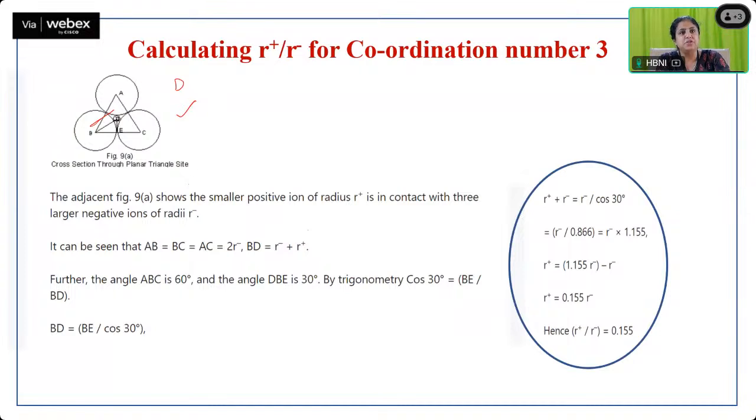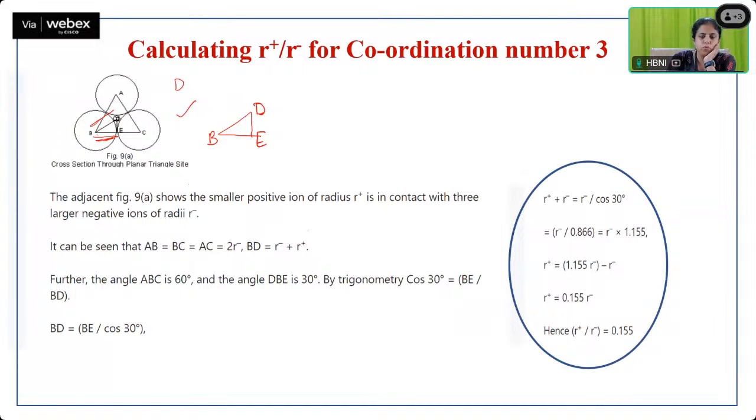BD is the radius of anion plus the radius of cation. The anions are these three bigger ABCs. And BE is the radius of anion. So now I have this right angle triangle. This is B, this is D, and this is E.